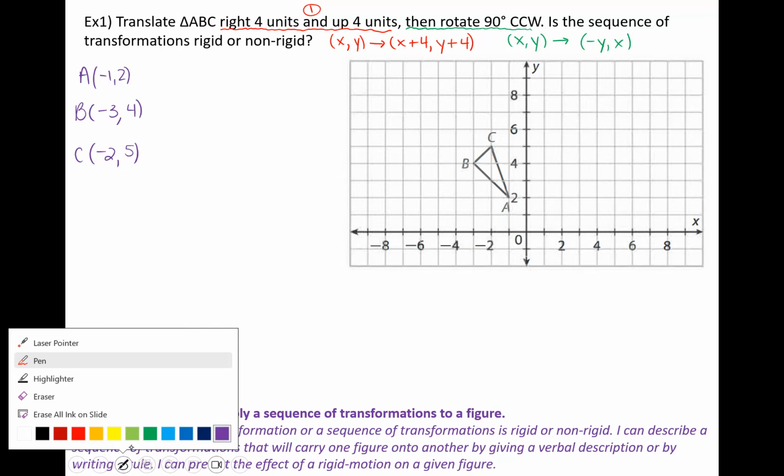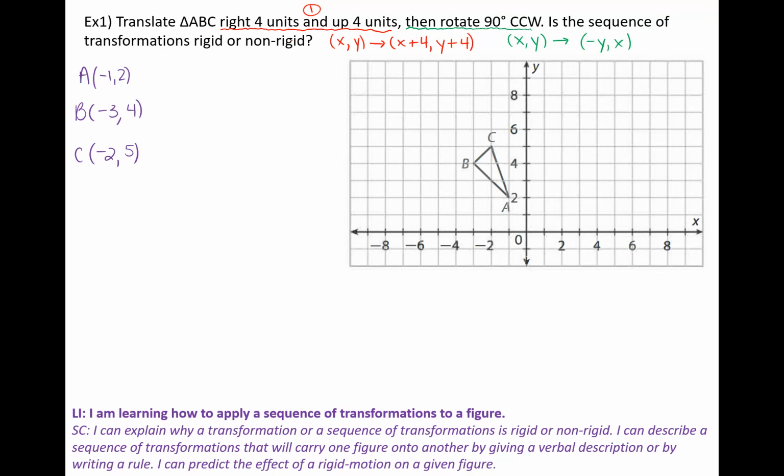All right, so once we have the ordered pairs, we're going to go ahead and apply the rules or do the transformation. So for the translation for that first one, because it gives us a description, right 4 and up 4, we can either use the rule and go through and plug in the values, add the 4, or we can just go to our figure and take each point. So I'm going to start with A and move it right 1, 2, 3, 4, and then up 1, 2, 3, 4.